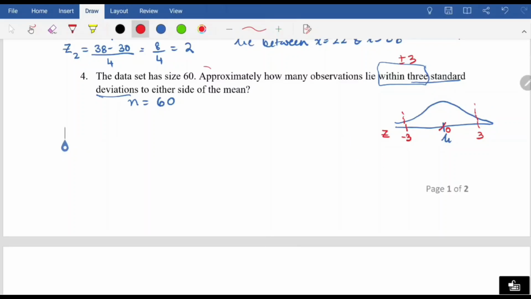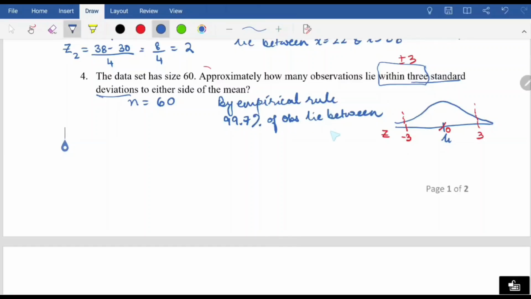So again, by the empirical rule, 99.7% of observations lie between negative 3 and positive 3 standard deviations. Try to be as thorough and precise as possible in your answers.